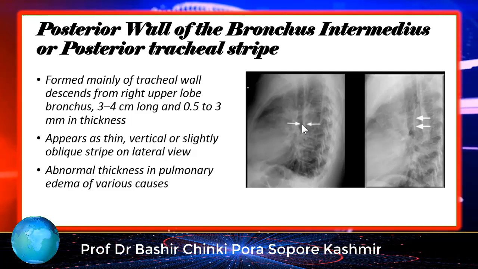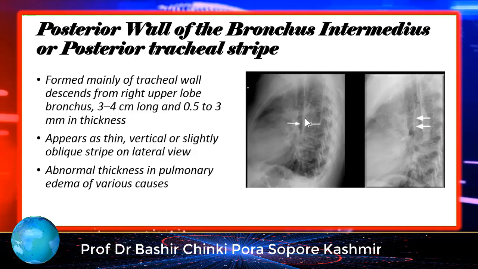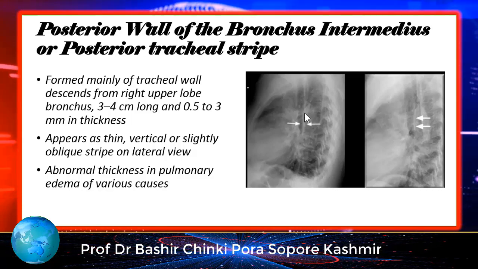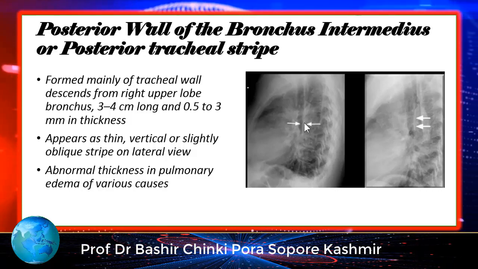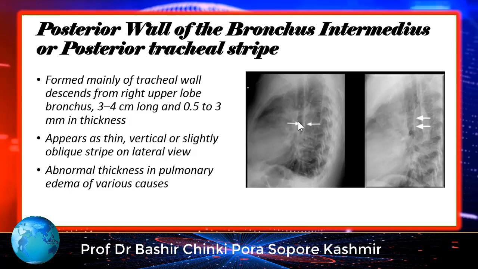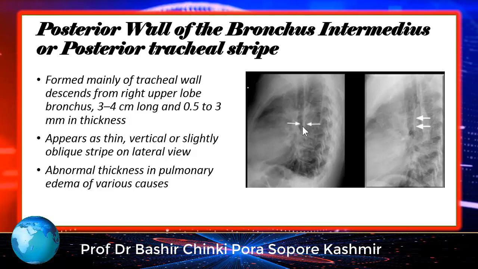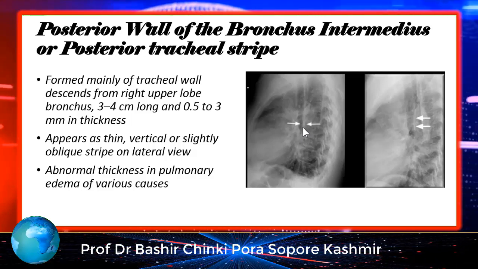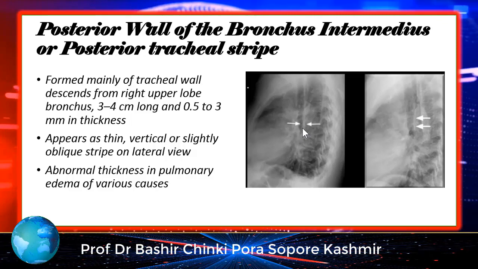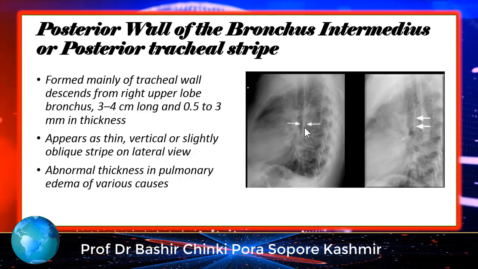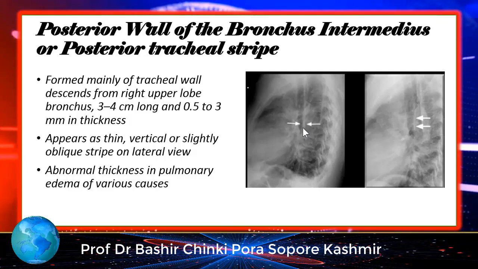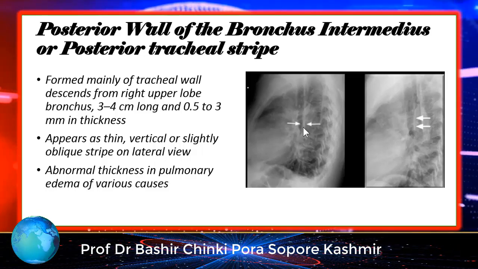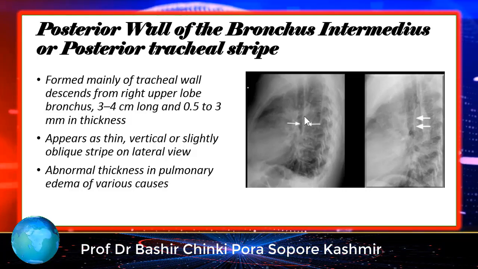This is the trachea, and this linear thin opacity is about 3 to 4 centimeters long, and its width is around 0.5 to 3 mm. So it should be around 0.5 to 3 mm in thickness, and between 3 to 4 centimeters long.